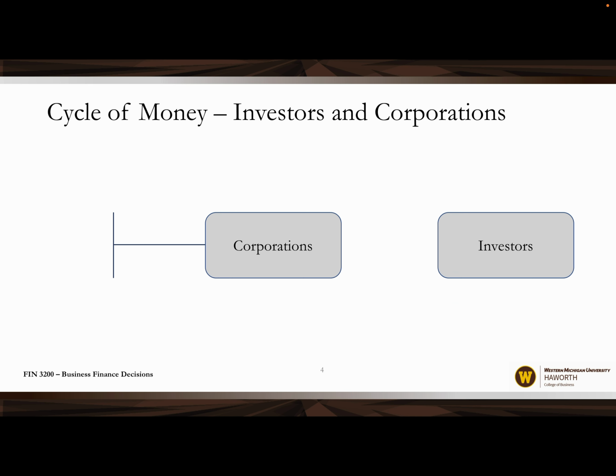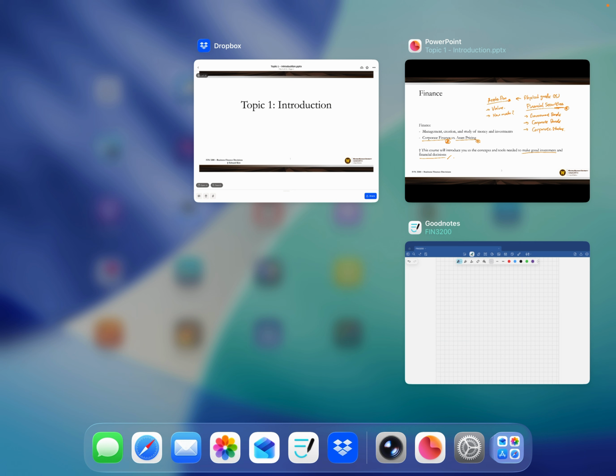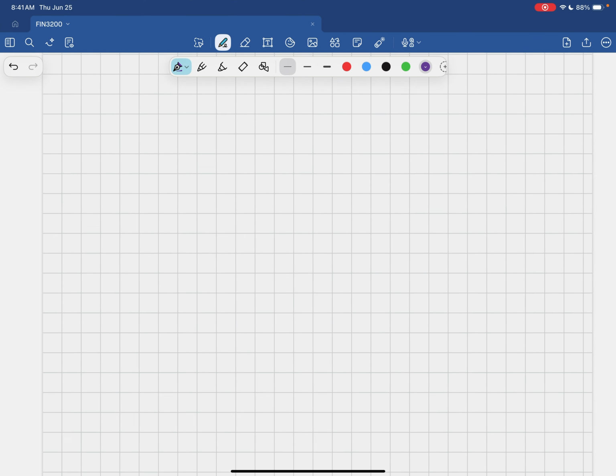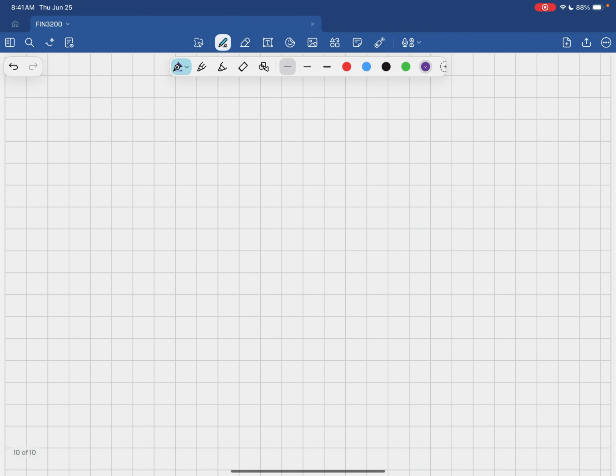Actually, before this slide, let me explain something else real quick. I'm going to talk about a fundamental assumption in finance and economics.